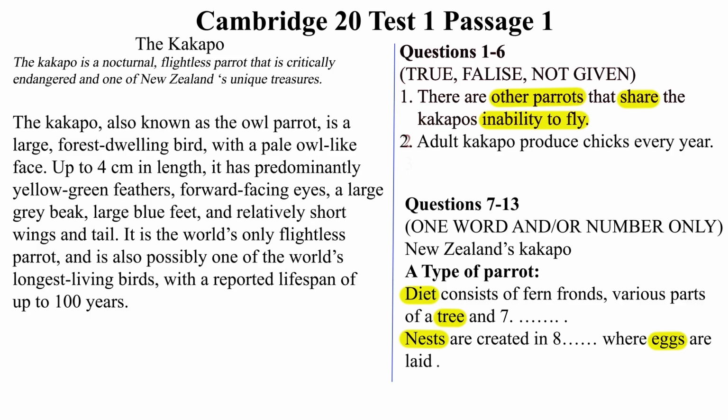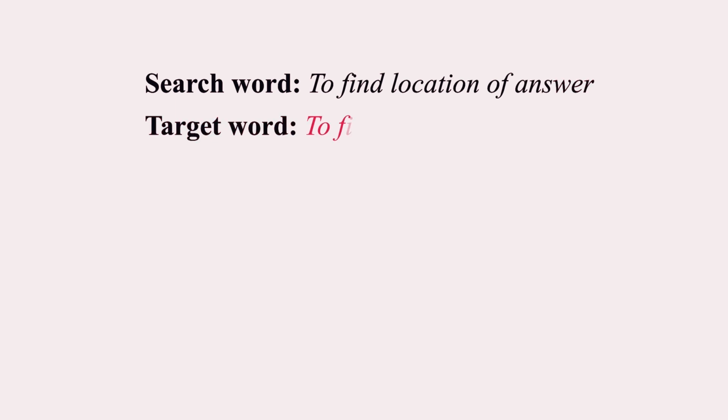Before going to the passage, check the second question also and highlight the search words. Adult kakapo produce 6 every year. Here the search words are adult kakapo and 6. Target words are produce and every year. We will use the search words to find the location of the answer and the target words to confirm the answer.